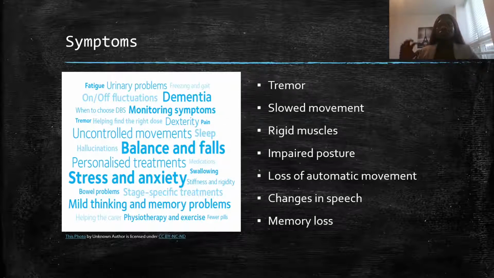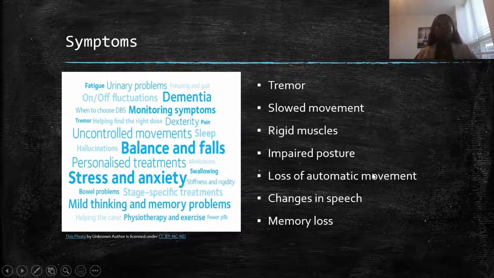You have no control over any movement of your body, which I also mentioned here with loss of automatic movements. Parkinson's leads to a decrease in the muscle connections in the brain, and it leads to a decrease in how you walk.